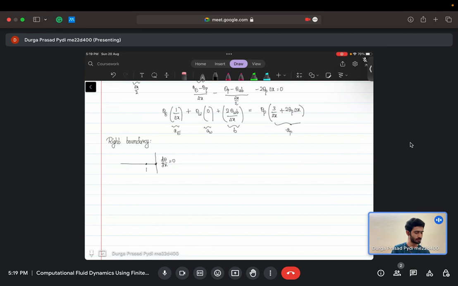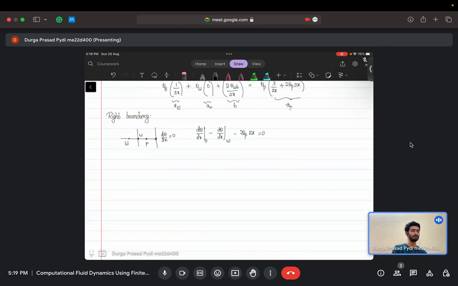This is my P cell, this is my west cell, and this is my west face. Again the equation remains the same: you calculate d theta dx on the east face minus d theta dx on the west face minus 2 times theta p delta x equals 0. On the east face we know it's an adiabatic tip, so this flux goes to 0. On the west face d theta dx will be theta p minus theta w by delta x, minus 2 times theta p delta x equal to 0.